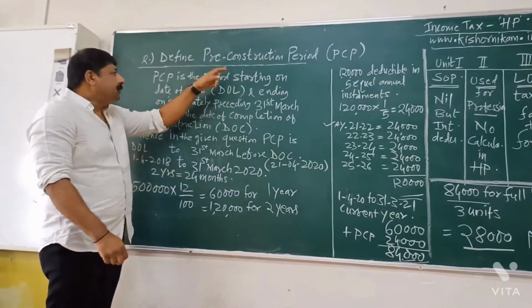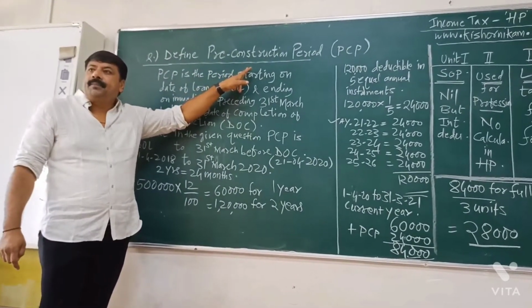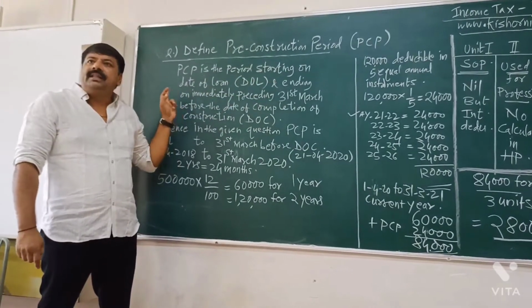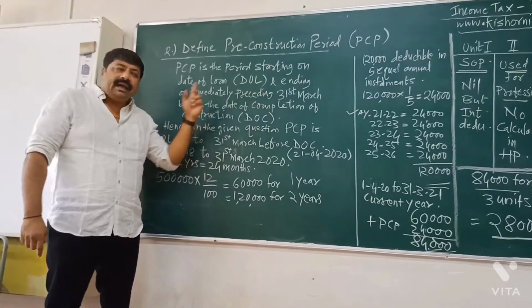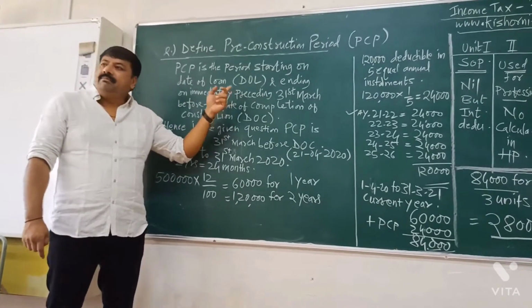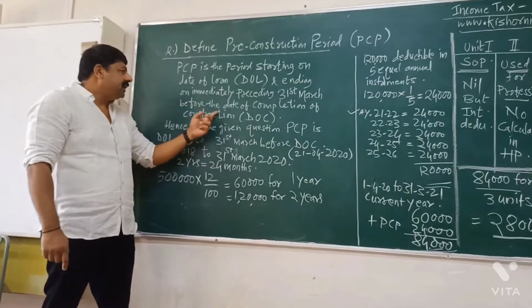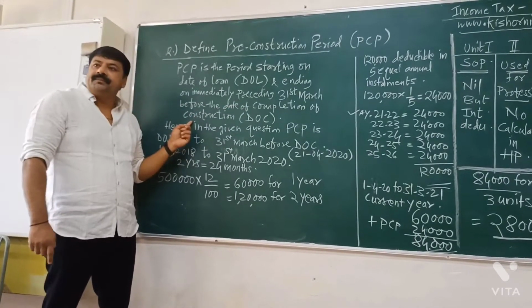See, define pre-construction period. What is pre-construction period? It is the period starting on the date of loan and ending on the immediately preceding 31st March before the date of completion of construction, DOC.